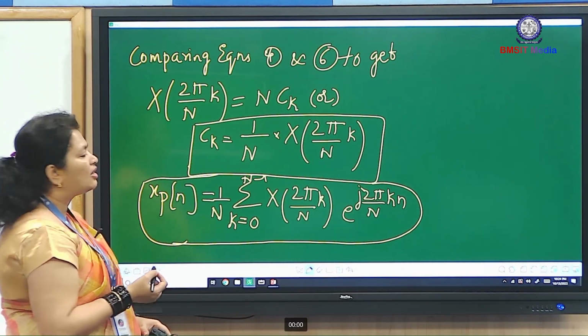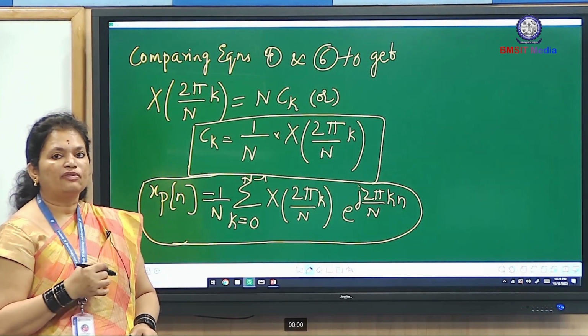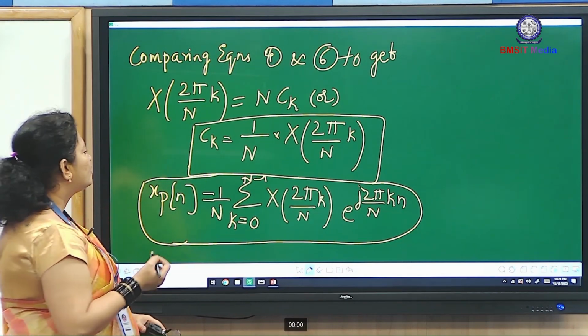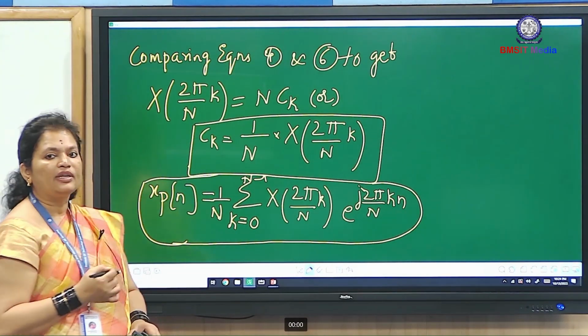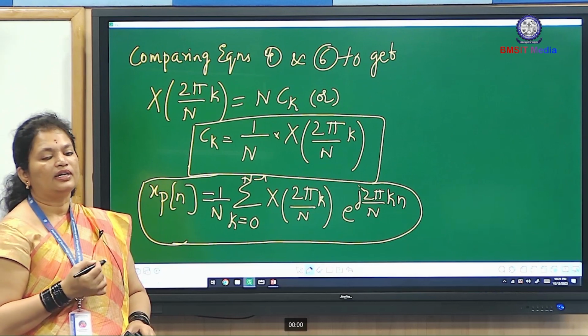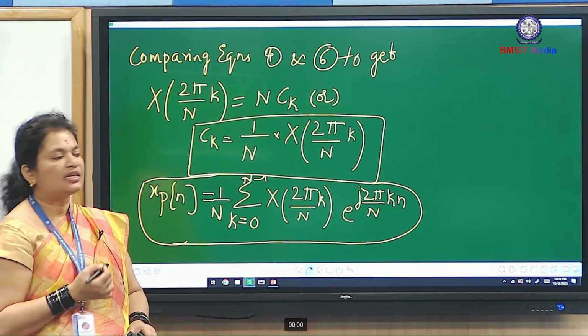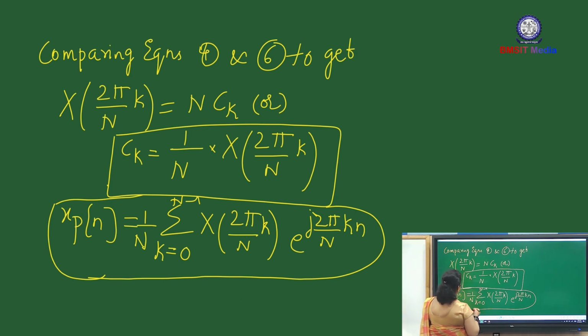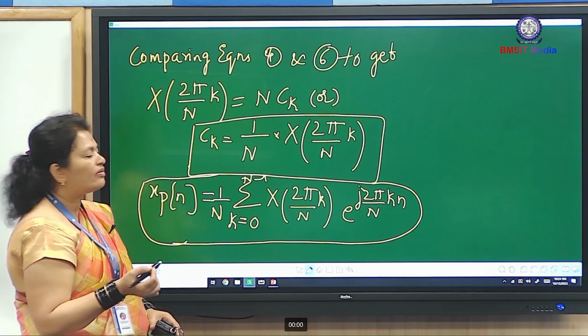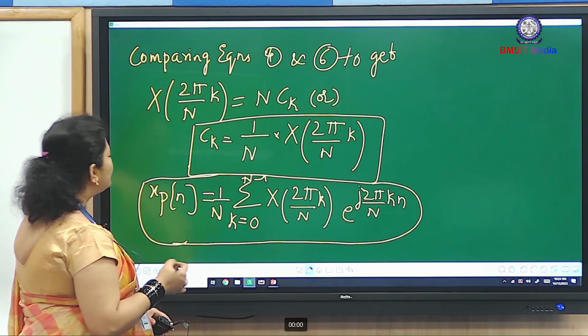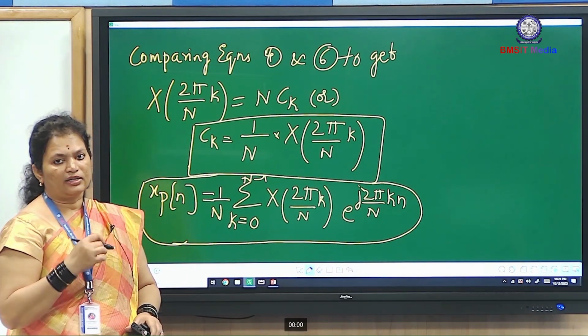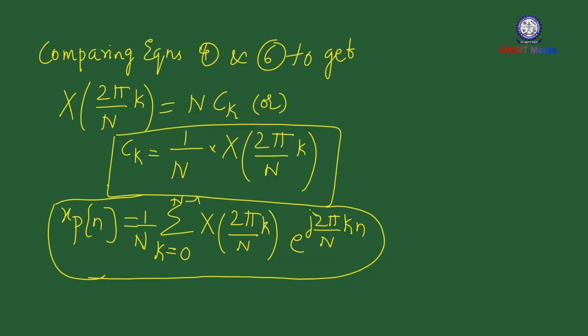As already told, xp of n is the periodic repetition of x of n, and the fundamental period of xp of n, that is the period for which xp of n repeats, is n. I am going to take an example to show the relationship between x of n and xp of n, and after that let us analyze how to get x of n from xp of n.